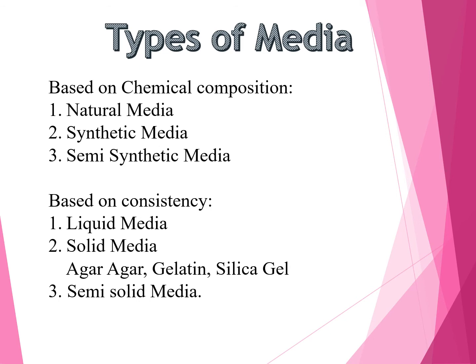So what is agar-agar? There are a few points to remember. Agar-agar is the most common solidifying agent, used at a concentration of 1 to 2% to make a solid agar media. It is preferred because of its properties: it melts around 98 degrees Celsius and solidifies below 42 degrees Celsius.